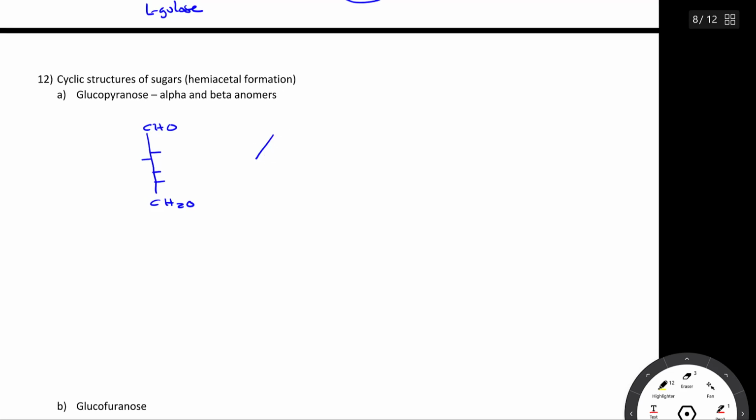And I'm going to teach you a new drawing style. It's called a Haworth drawing or diagram, and it's what you see in most biology textbooks. If you've been looking at glucose this whole time and saying, that doesn't look like glucose, that's because we learn it like that, usually in biology.